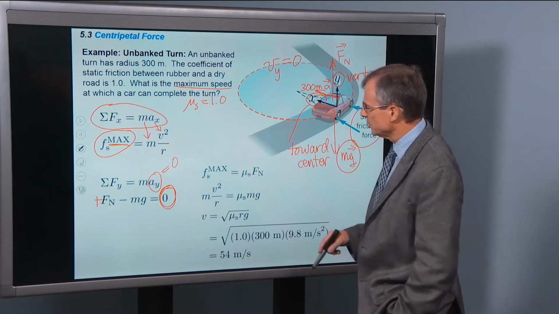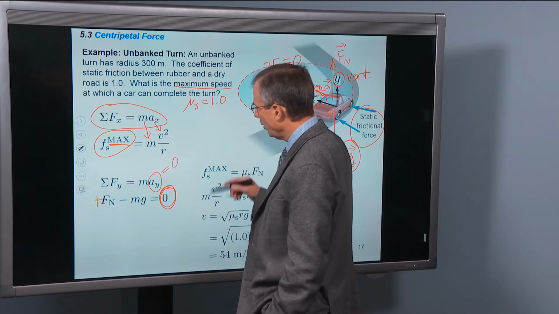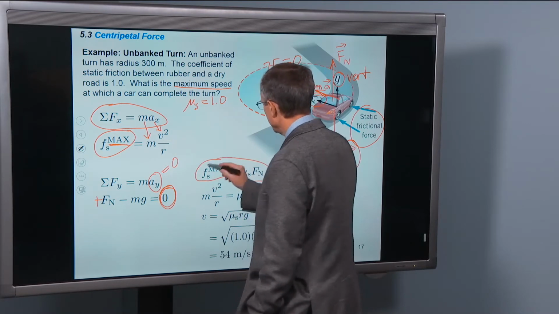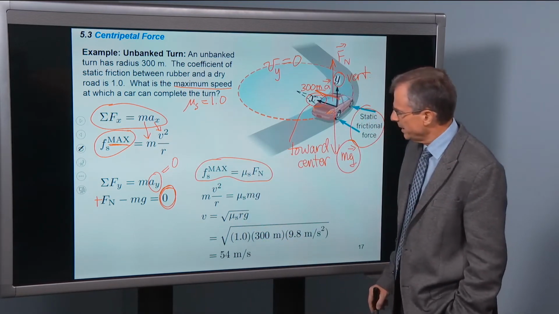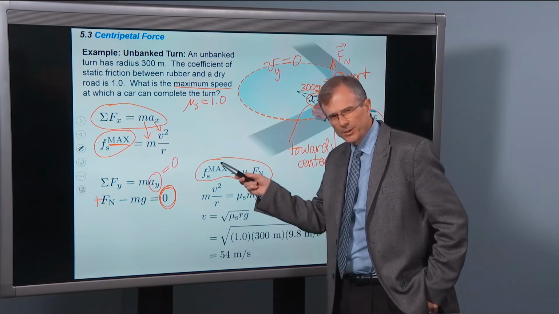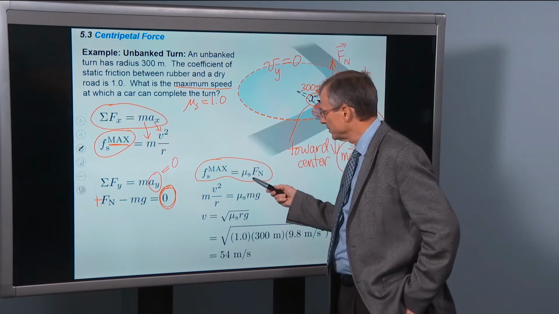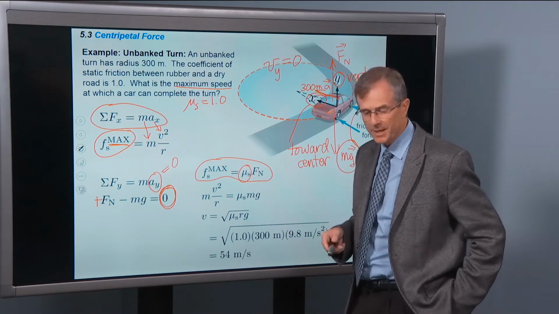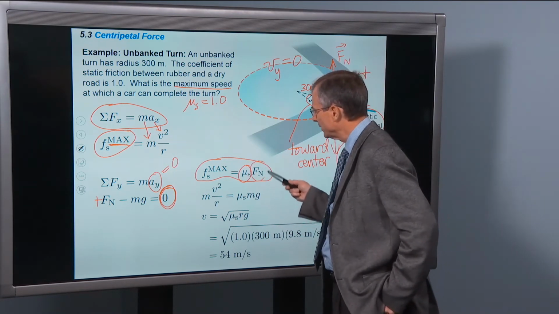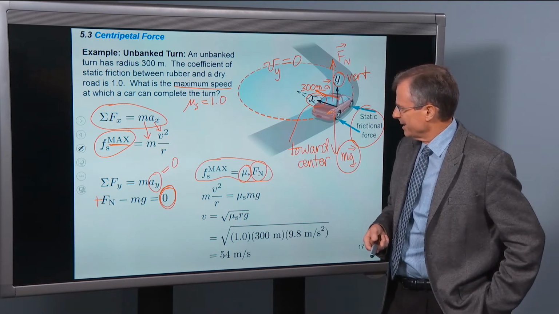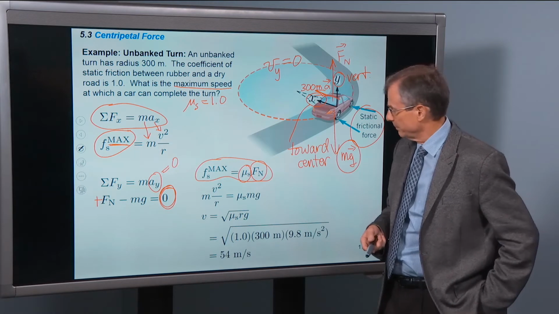Perfect. So now we can put everything together, because there's an equation from chapter 4, I forget which concept it is, that says the maximum static friction force is equal to the coefficient of static friction times the magnitude of the normal force. It's one of the very last concepts in chapter 4.